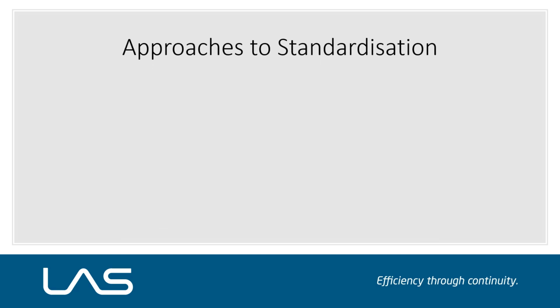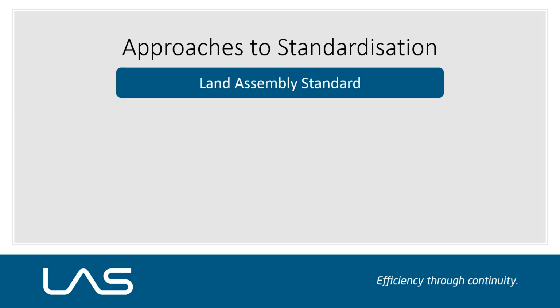To attempt to develop an all-embracing standard covering the entire land assembly process would be formidable and unlikely to ever get off the ground. Land assembly is, however, a series of interconnected processes, so an overall standard could be broken down into a number of component parts.